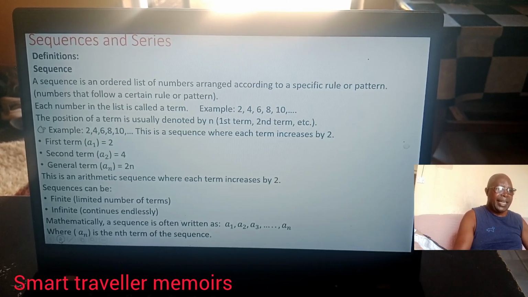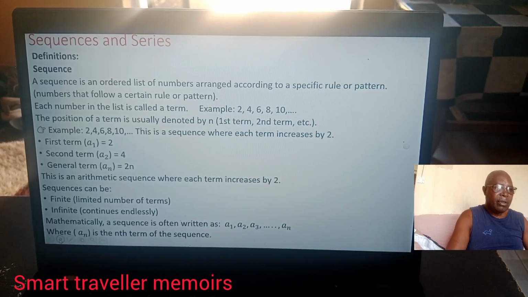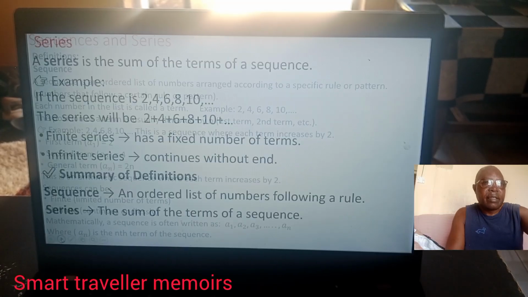And the general term, an, is equal to 2n. This is an arithmetic sequence where each term increases by 2. Sequences can be finite, that is, limited number of terms, or infinite, continuing endlessly, where an is the nth term of the sequence.